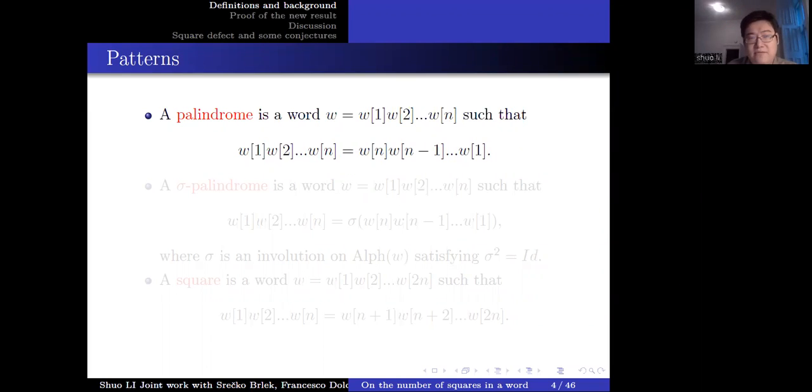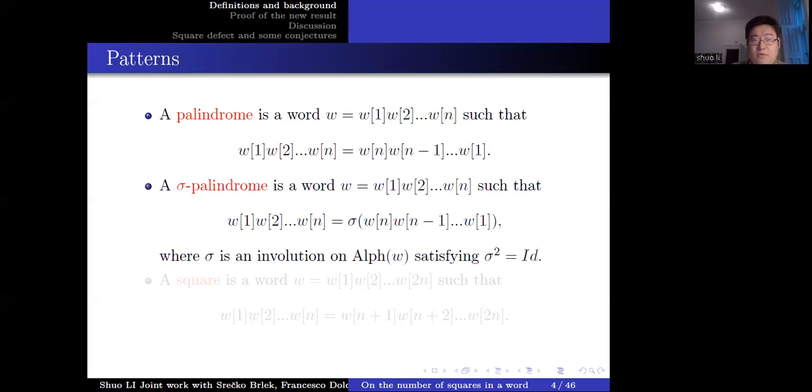Here, let me give you some quick definitions of some patterns that I will talk about later. By palindrome, I mean a word which equals its reverse. That means if W is a palindrome, then it is the same if we read this word from left to right and from right to left.